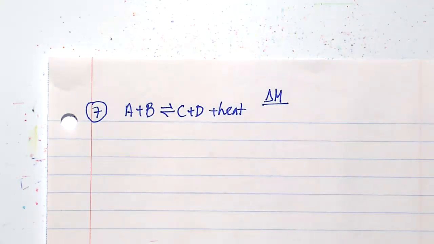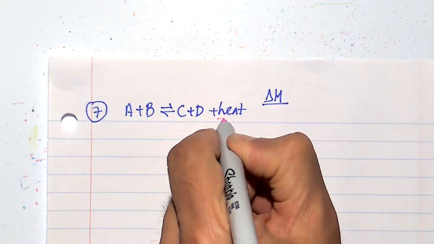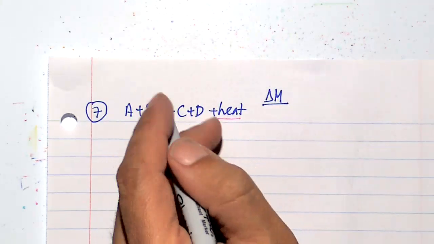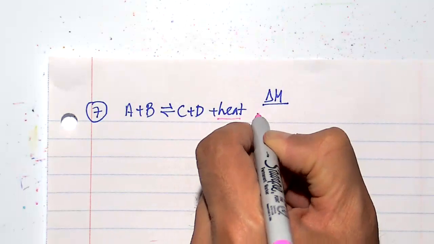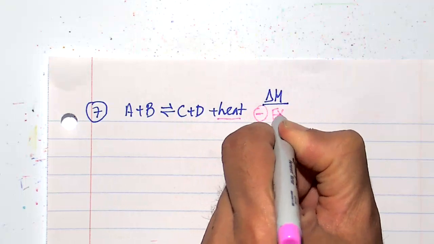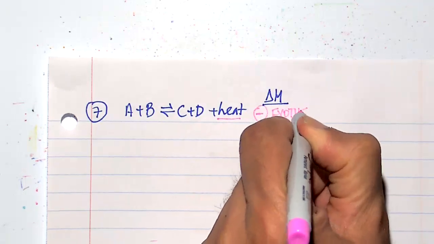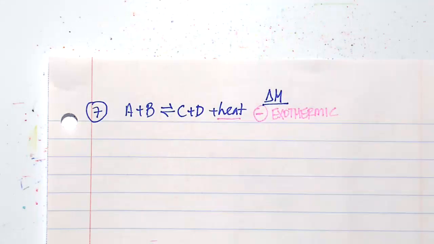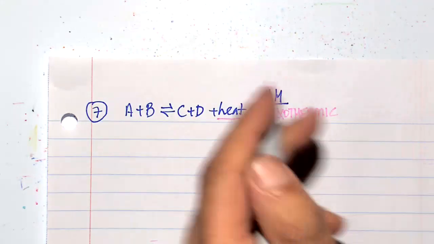Notice here that I've written heat on the product side, so heat is also given off, just as products C and D are given off. If heat is given off, that would be a negative value. This is also called an exothermic reaction. Exo meaning outside, so heat is given off outside of the reaction.